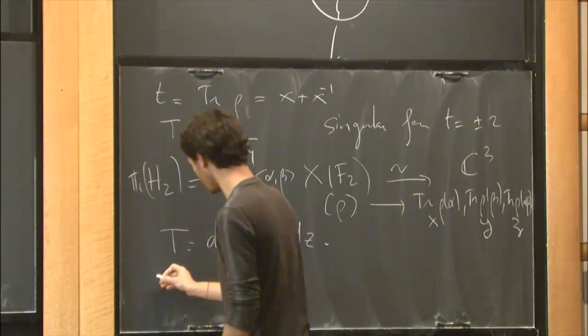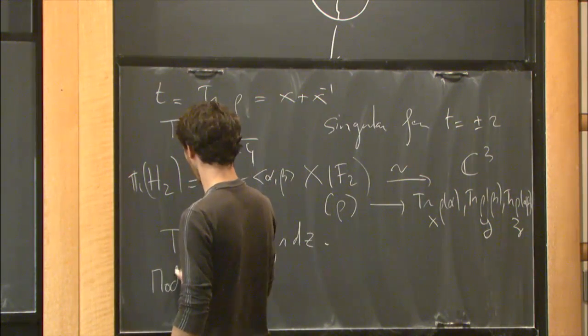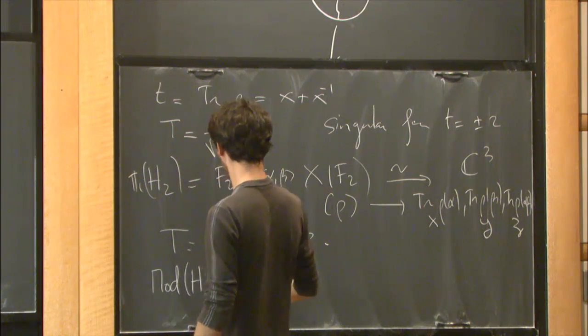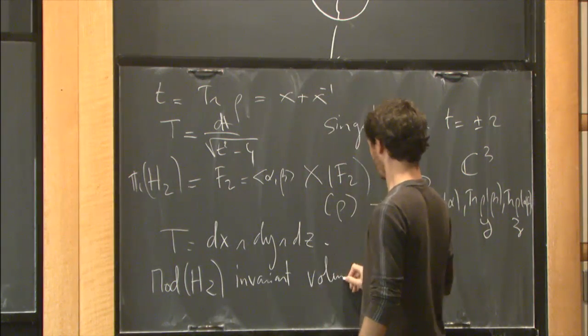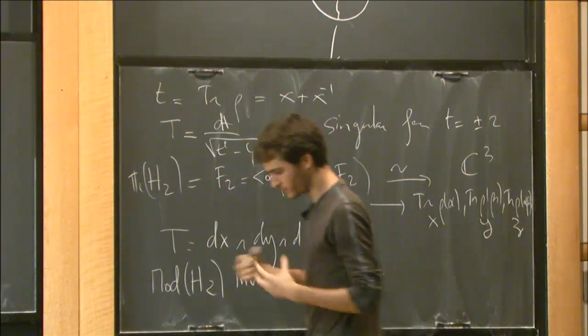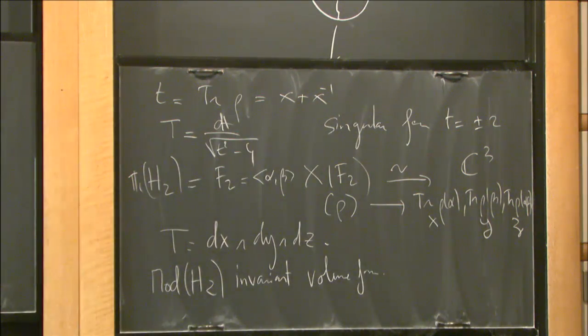And for instance, this torsion is a mapping class group of H2 invariant volume form. So when you study the action of the mapping class group on the character variety, you have this form which has to be invariant.